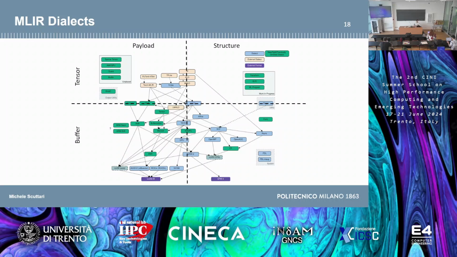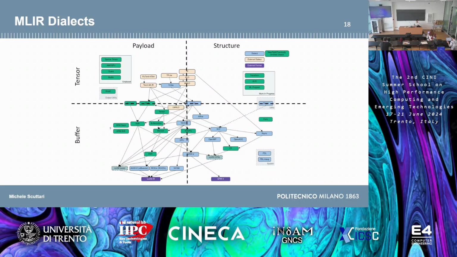There is also partitioning between payload dialects and structured dialects, where the idea is that structured dialects represent more the structure of computation, so the control flow, whereas payload dialects represent operations.